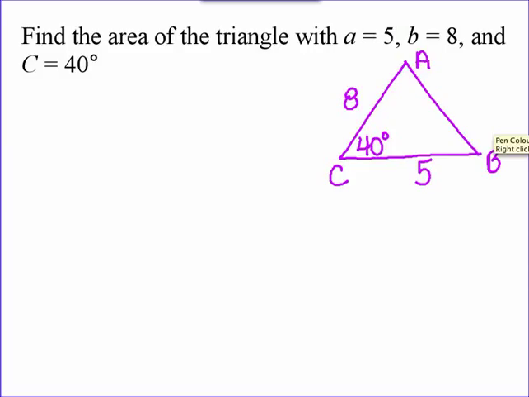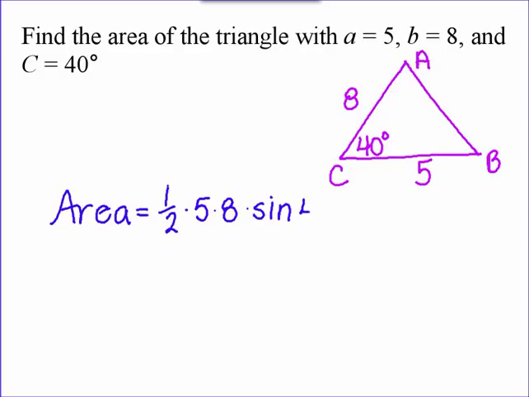So the area will equal 1/2 times 5 times 8 times the sine of 40 degrees. What did you get? 12.86. I don't have a label, so I'm going to put units squared.